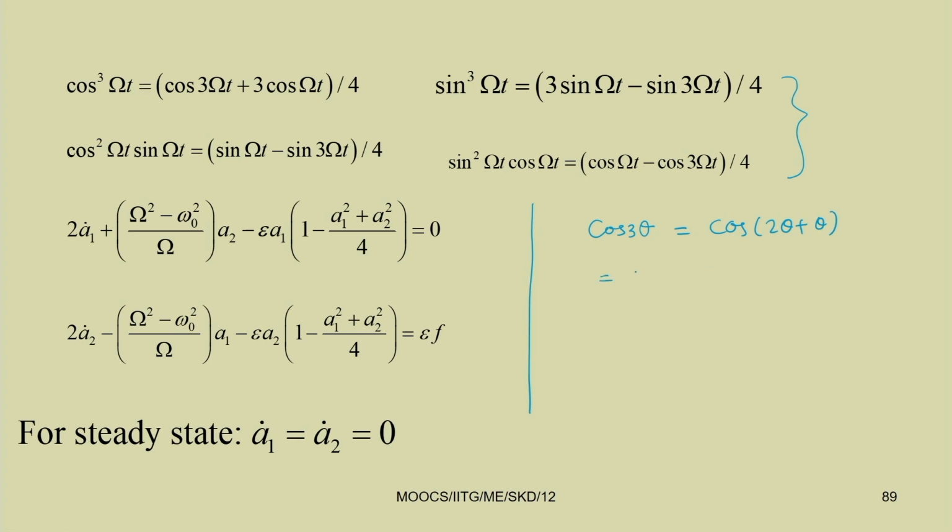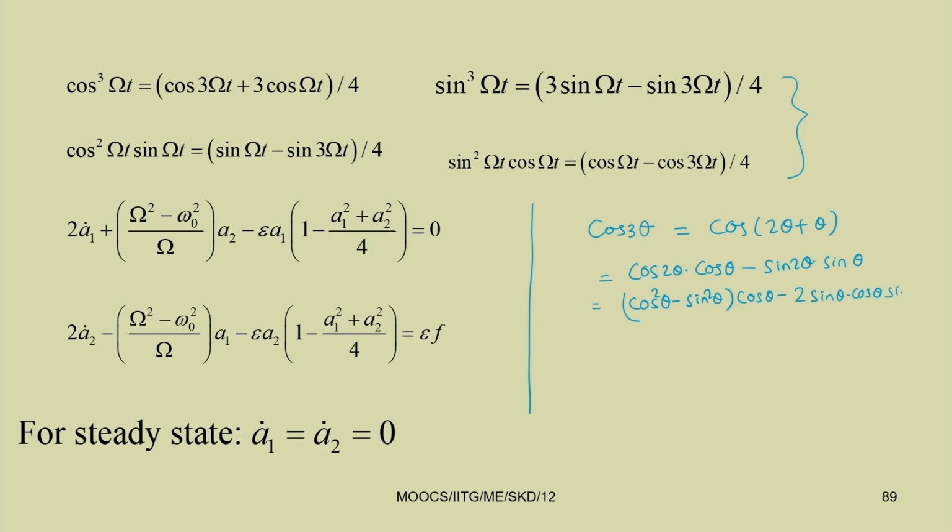So, this is equal to cos a into cos b minus sin a into sin b, that is cos 2 theta into cos theta minus sin 2 theta into sin theta. So, again this cos 2 theta can be written as cos square theta minus sin square theta into cos theta, minus the sin 2 theta, which can be written as 2 sin theta cos theta, into sin theta.